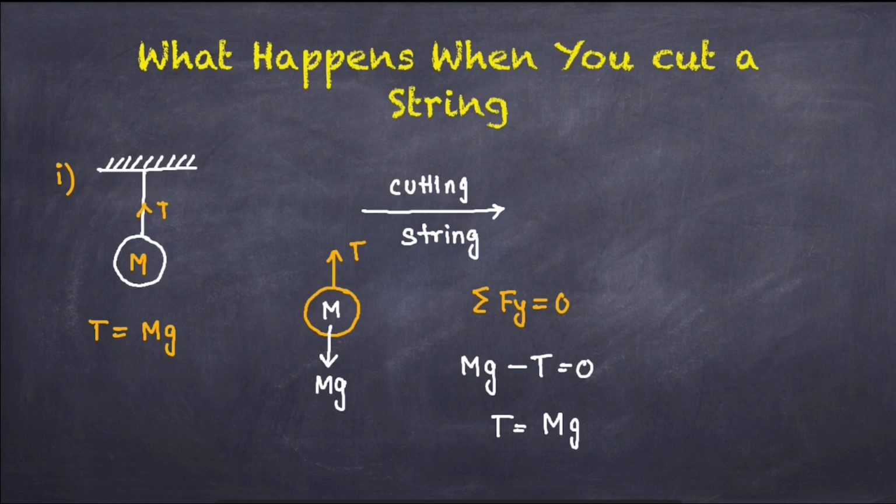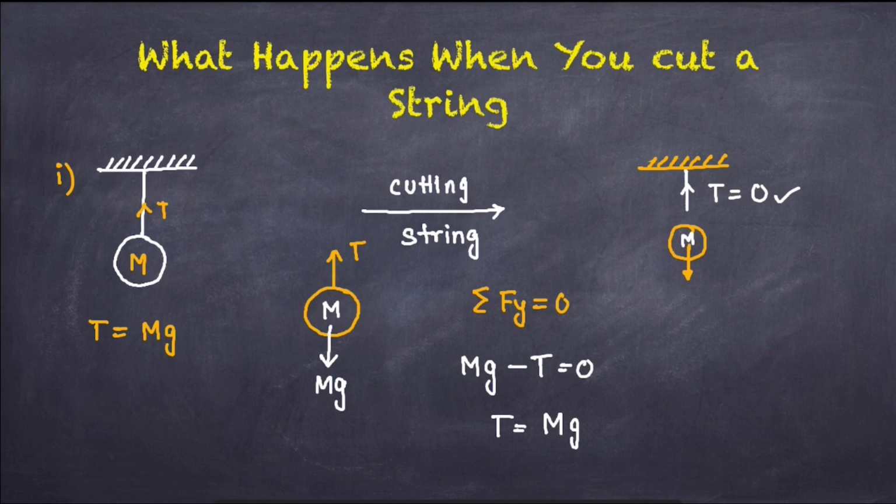Immediately after the string is cut, the tension becomes 0. The tension acting upward will be 0 and the body is released, so the body will fall downward. The tension in the string becomes 0, and the body of mass m falls downwards.